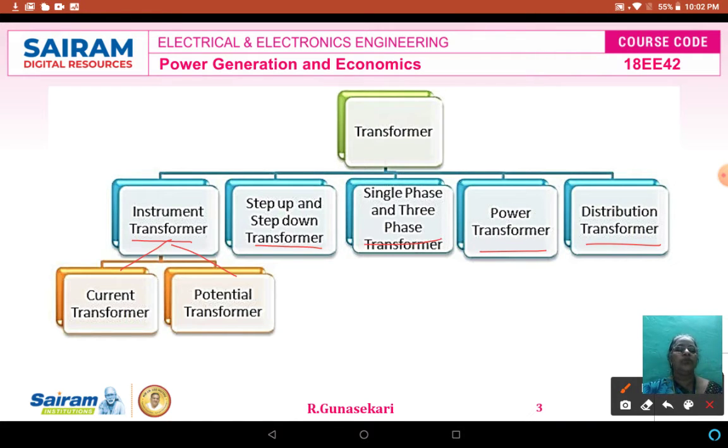Okay, now you can study the definitions of instrument transformer, step up or step down transformer, single phase and three phase transformer, power transformer, distribution transformer, current transformer and potential transformer, and then the images of all the types of transformers.